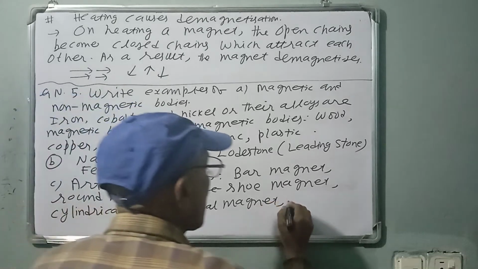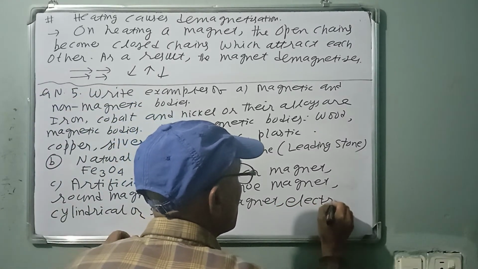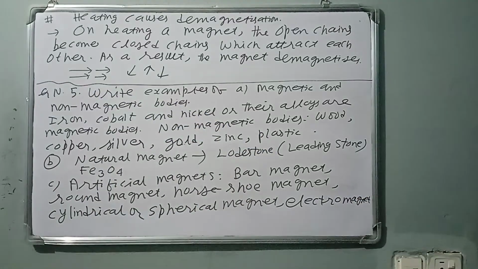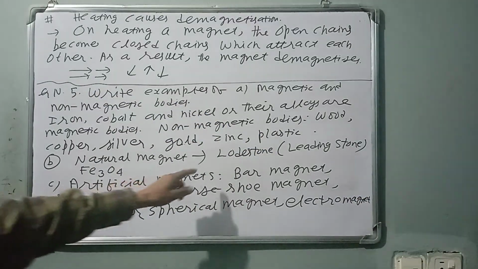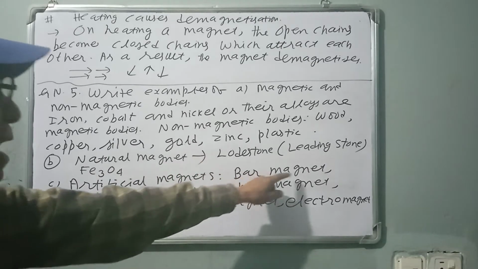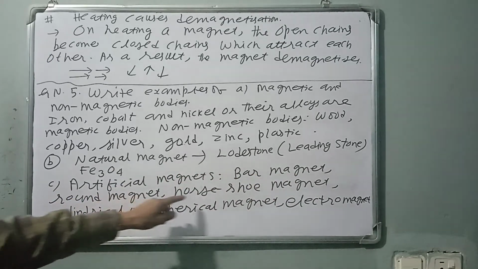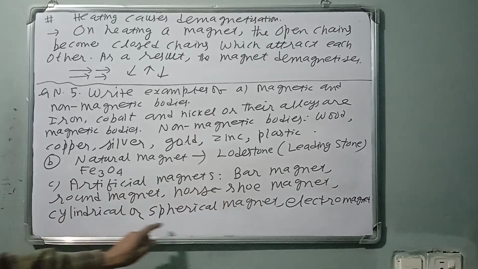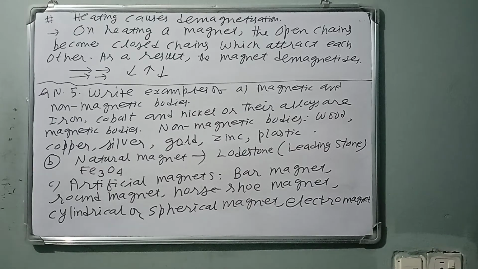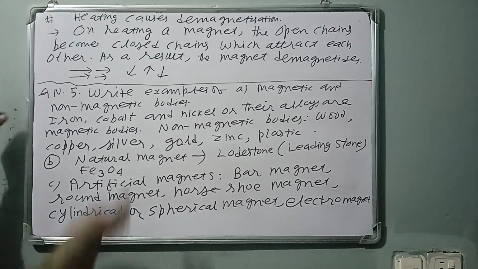Another is the electromagnet. There are some examples of artificial magnets which can be made in the lab by human beings: bar magnet, round magnet, horseshoe magnet, cylindrical magnet, spherical magnet, electromagnet.